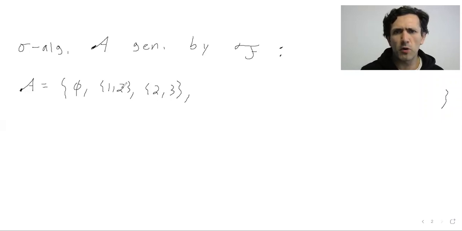Well, like before, we know sigma algebras are closed under unions, so we have to have {1, 2, 3}, which is {1, 2} union {2, 3}.